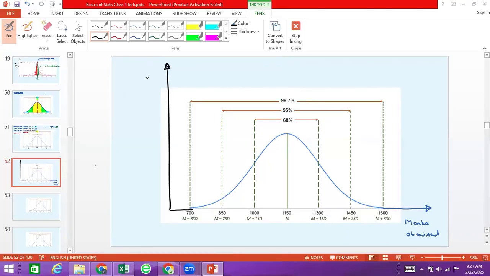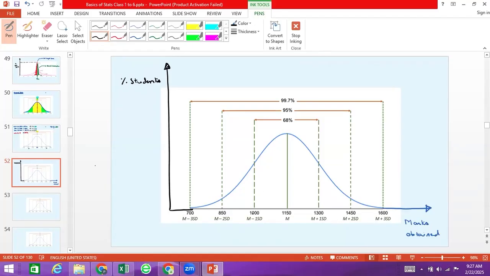So percentage of points or number of points, in both ways you can draw a normal distribution. So this is the percentage of students.